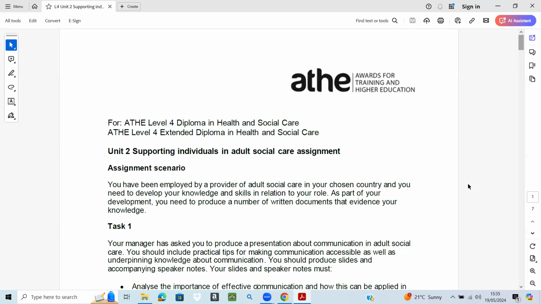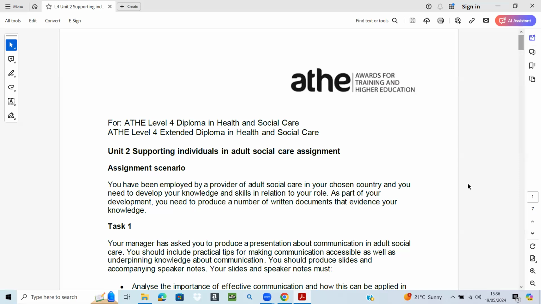For example, hearing aids improve the auditory input for those with hearing impairments, and we discussed interpreters. Interpreters help bridge the language gap between the service user and healthcare providers, ensuring that accurate and full communication occurs despite language differences.